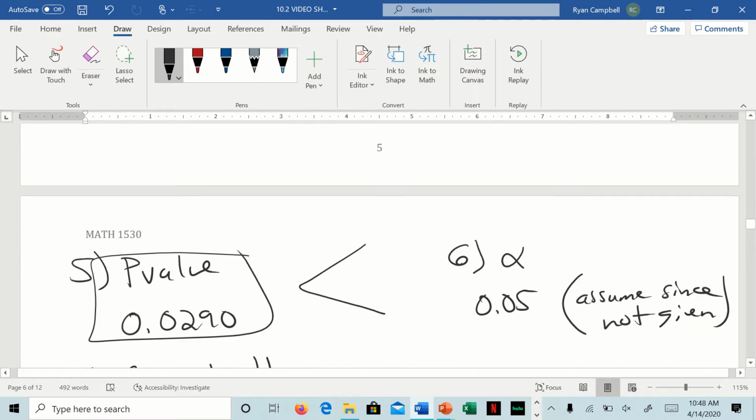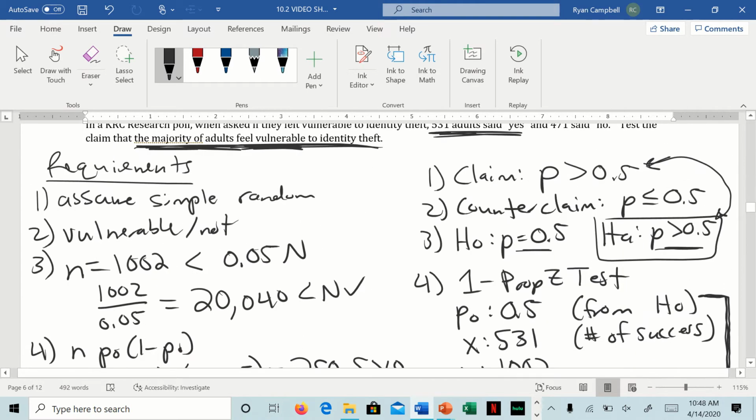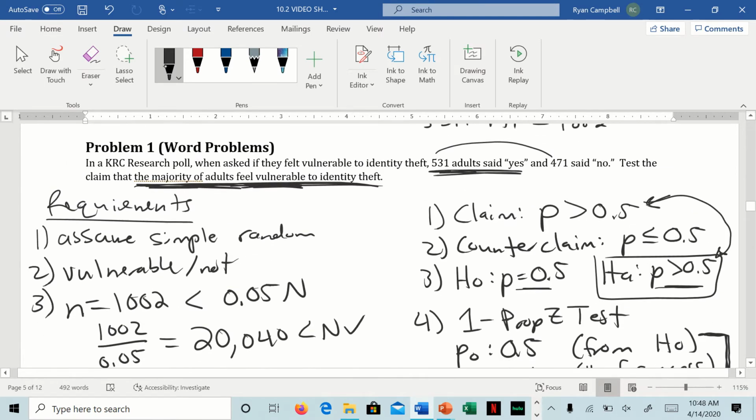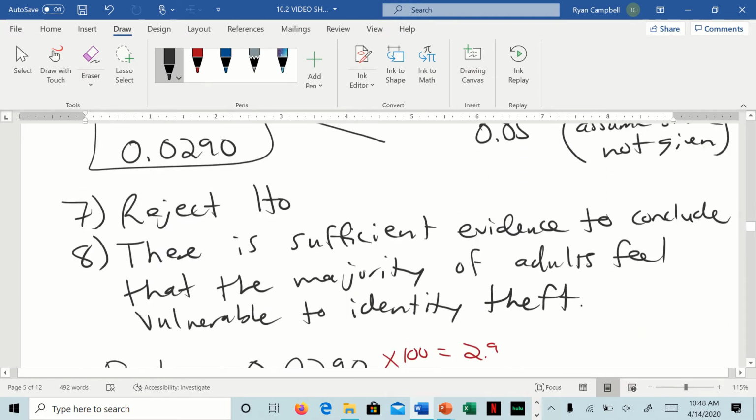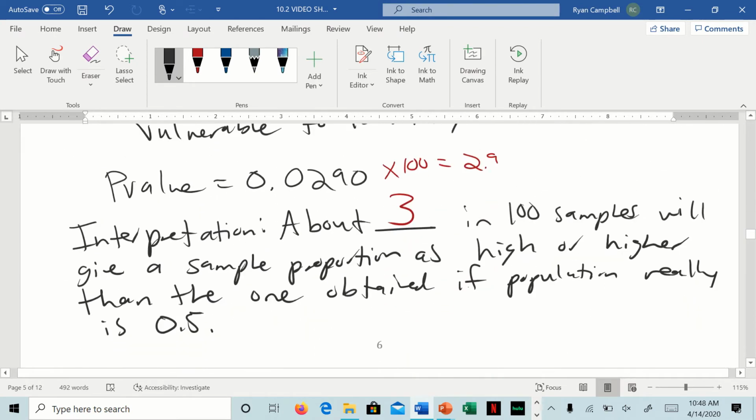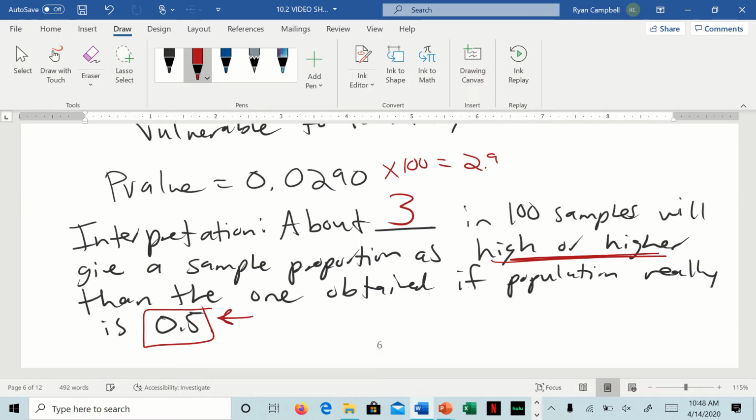And again, so if we look at it, right, in this case, the HA was greater than, so as high or higher, that's where that comes from. As high or higher. And then if the sample proportion, H naught, really is 0.5.